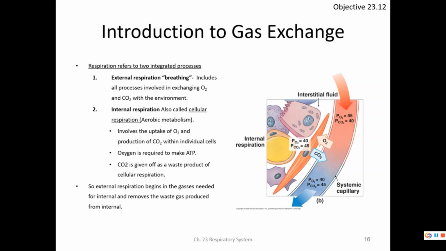So the deal here is for us to understand that the gases that are needed for internal respiration, oxygen, the gas that's needed and the gas that is made as a waste is removed by external respiration. We need to do external respiration because we do internal respiration. And we are able to do internal respiration because we do external respiration. One happens because of the other. They drive each other. Okay.